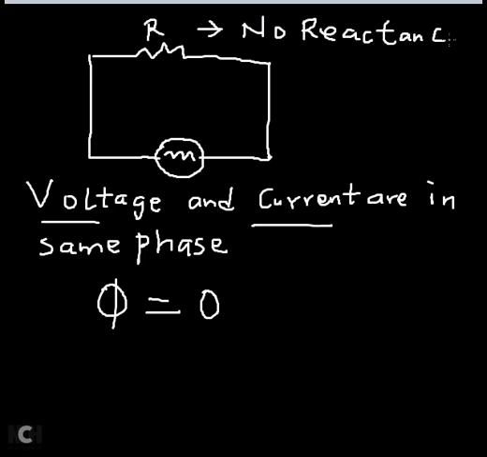A resistor can only provide resistance to an alternating current. So reactance can only be found for the inductor and the capacitor.